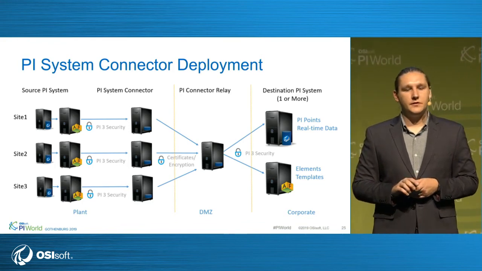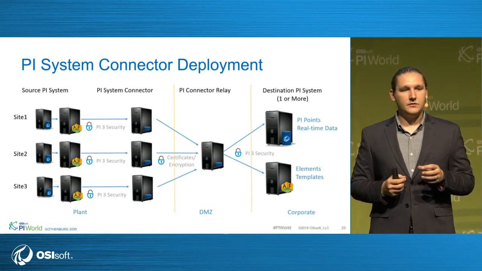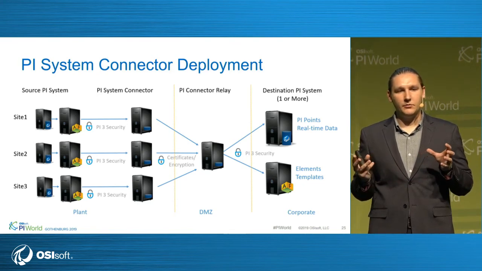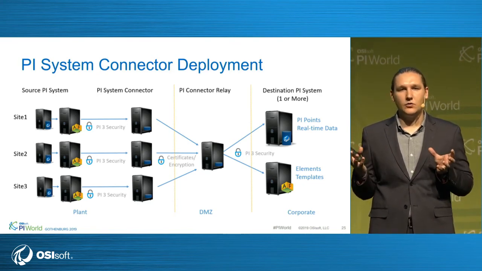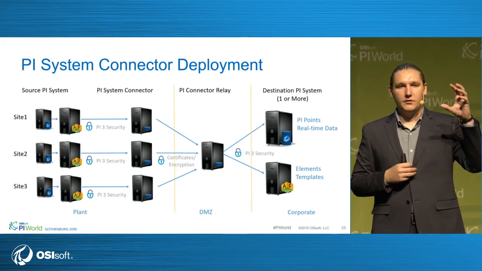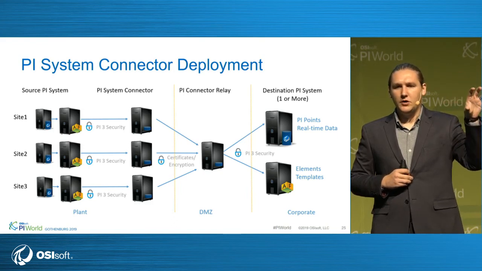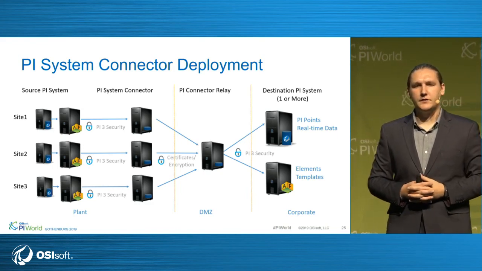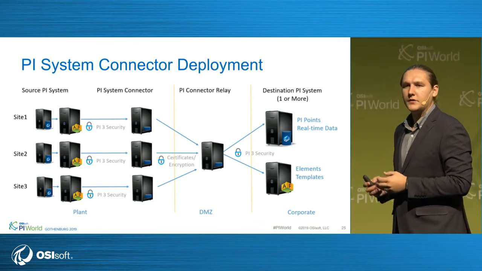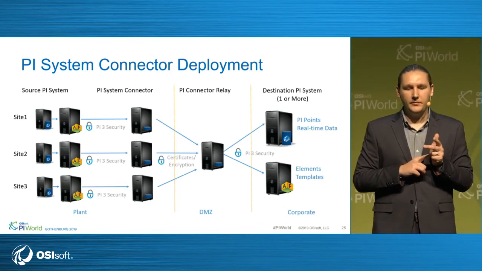And this is the idea of collecting the data in the future. So basically, if you have a geographically spread company with multiple sites and a headquarters site, this is the recommended solution. On each site, we have our local PI system. We are installing the PI System Connectors that allow us to send AF data and PI data archive data in real time.